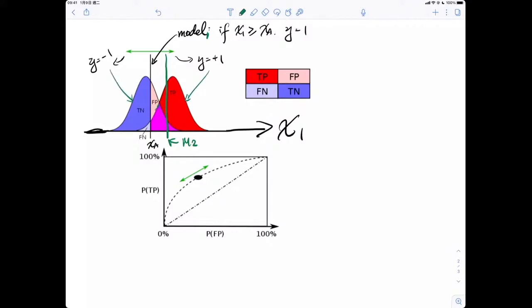However, in this part, there's some data which is overlapped. Some of the data, the label is marked as y equals minus 1. However, their x1 value right here is larger than xa or even larger than xb.